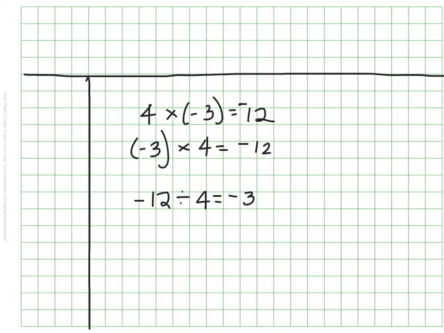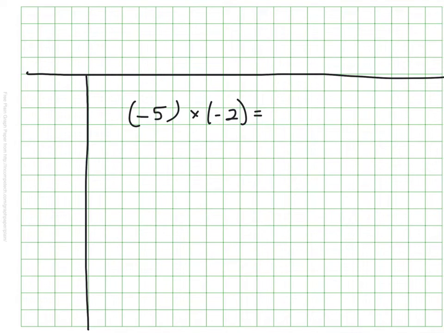So negative 12 divided by 4 must be negative 3. We also know that negative 12 divided by negative 3, if I was dividing negative 12 by the negative 3, I have to get the other member of that family, which was 4. So negative 12 divided by negative 3 has to be a positive 4.